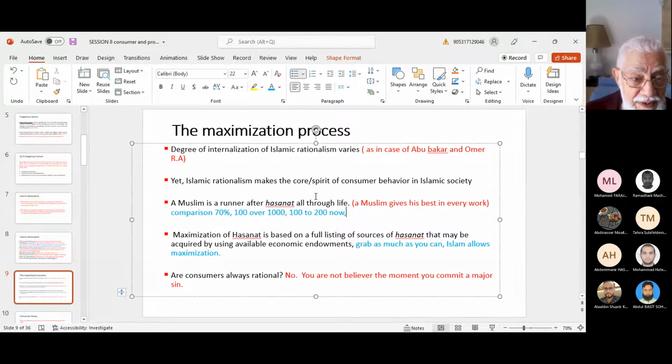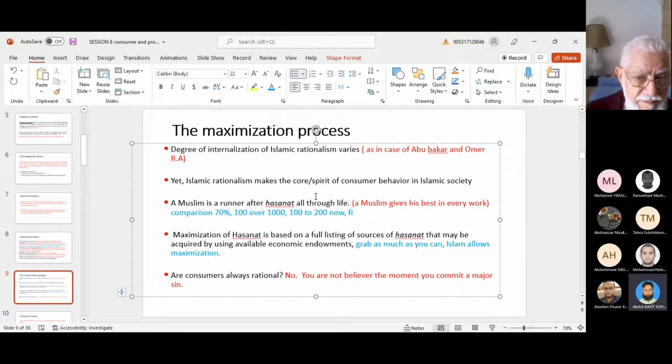Go ahead, Abdul Basit. Continue, please. Okay, sir. Are consumers always rational? Answer is no. There is one saying in Islam: you are not a believer the moment you commit a major sin.